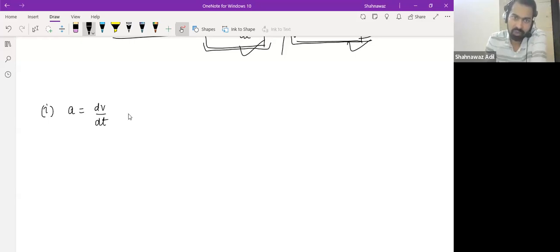What we do is take this to the left hand side, so dv is a dt. And this is dv, so how can we get v from it? We can integrate, and then we will get v. Is this clear?